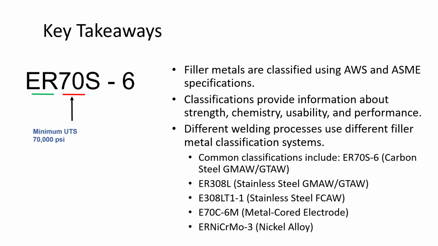And you can see for ER308L, that's stainless steel welding wire for gas metal arc welding. And then if we've got a T on it, it's a flux core. If it's just an E and a number, well, that's going to be a flux core. And then if it's got a C in it, it's metal core. And then we've got some nickel alloys. They've got a weird system there with the nickel chrome moly 3 whatever. But anyways, this is our classification system and how we use it.